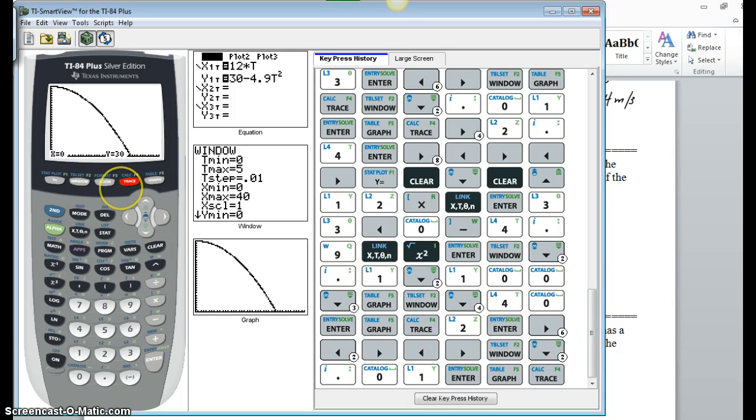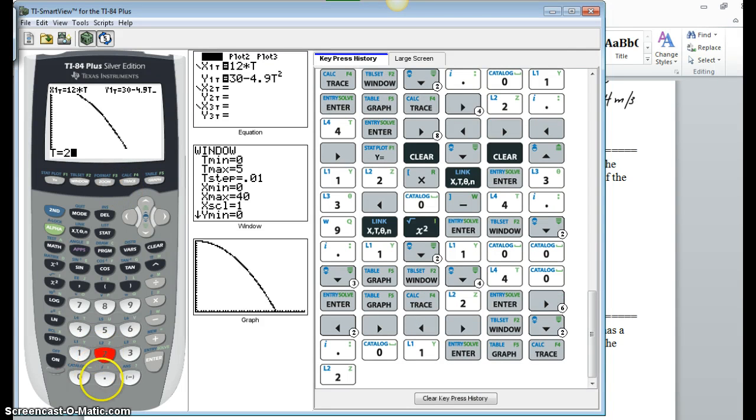Now I'm going to hit trace again, but this time I know we're between 2.4 and 2.5, so I'm going to trace right to 2.4, and then arrow over. And what you see is that at 2.47 we're positive, at 2.48 we're negative. So if we were to round our time estimate, we'd have to round up to 2.5.